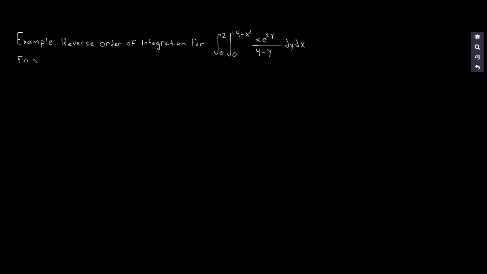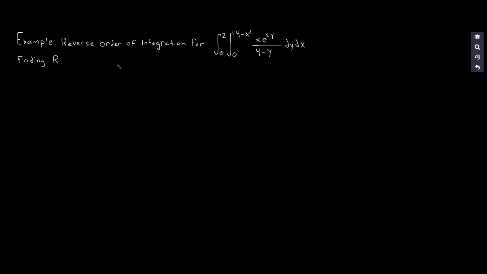So let's find R. Let's find our region. The thing about this is that it's given away to us. Like with dy, this gives away what y is between. 0 is less than or equal to y, and y is less than or equal to 4 minus x squared.